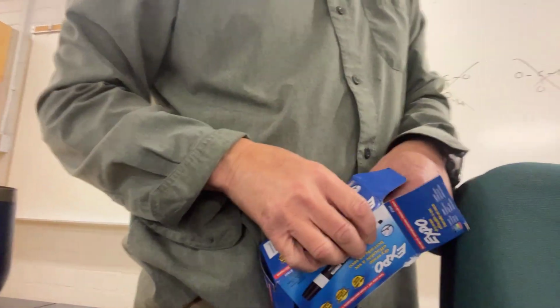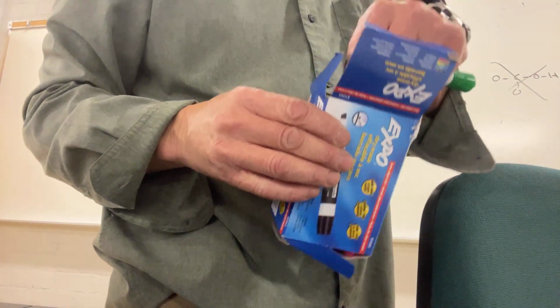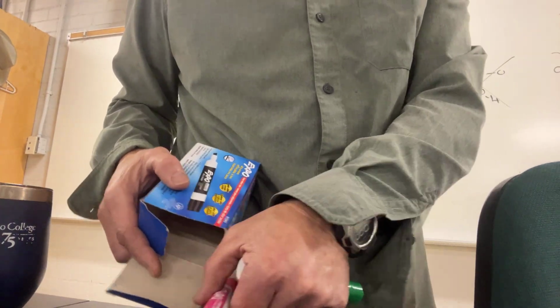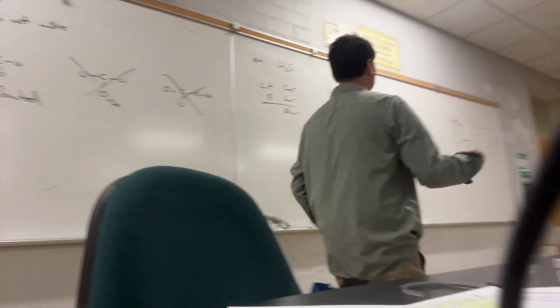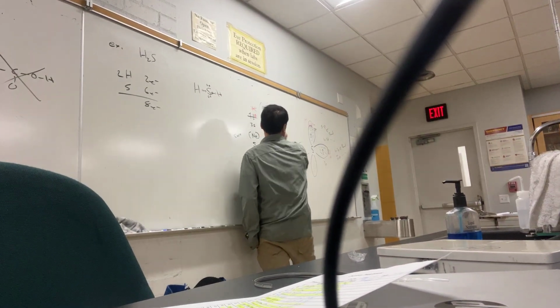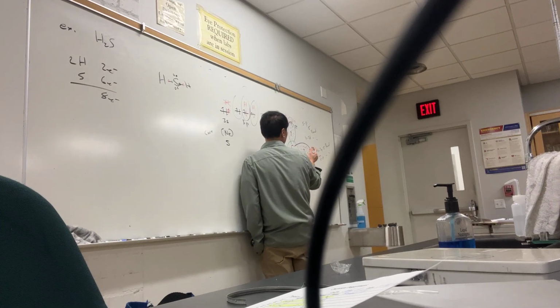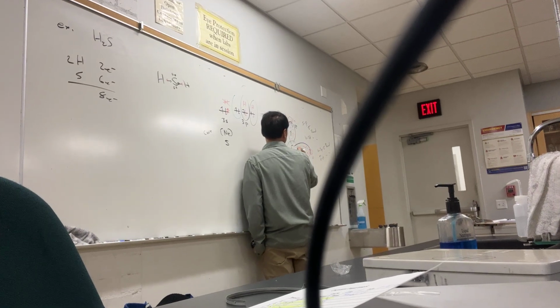This is going to have a lone pair here. And then we have the s with a lone pair here. So let's draw the s. This is the 3s orbital, and that's going to have a lone pair like this.